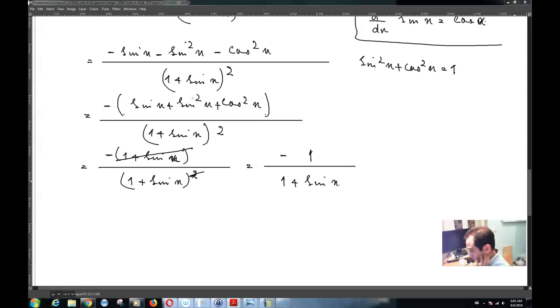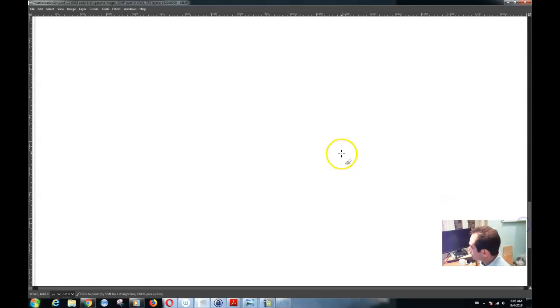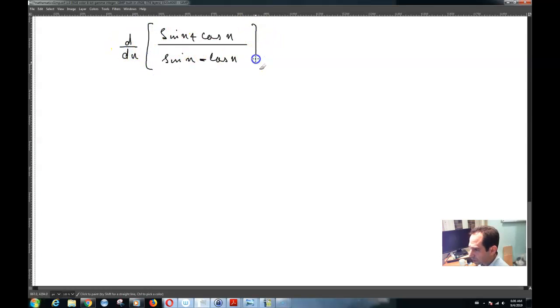Number 17 is sin x plus cos x over sin x minus cos x, and you want to take the derivative of that, d by dx of this function. Again, the same story.